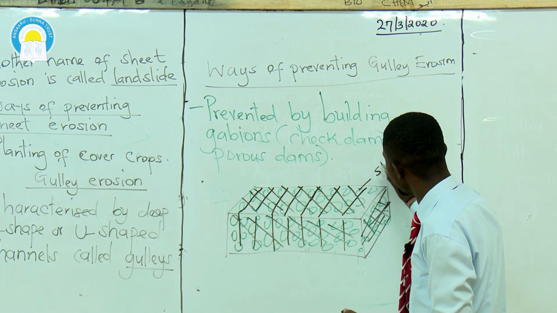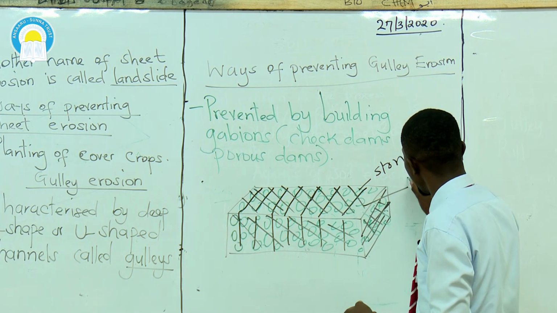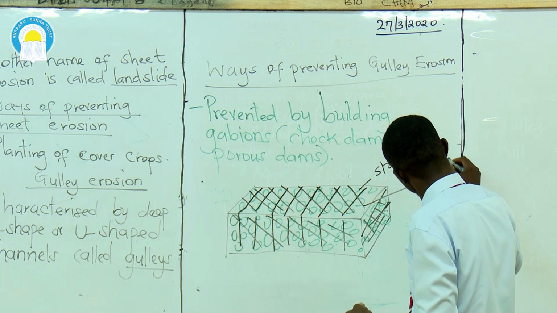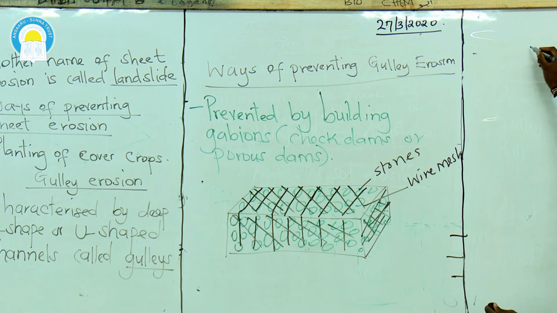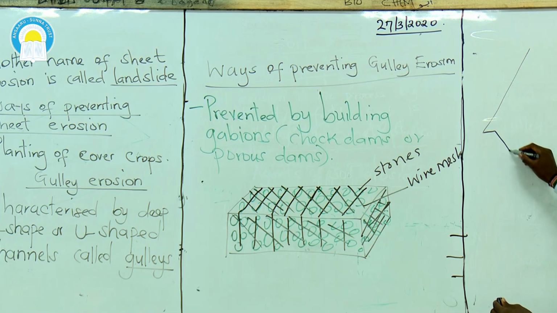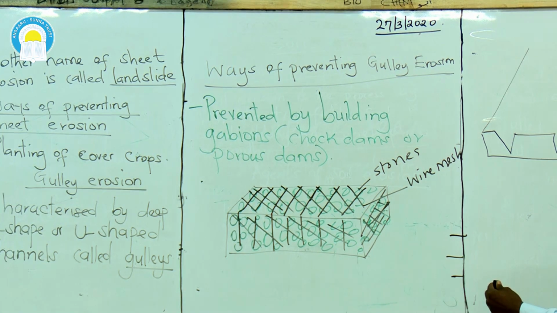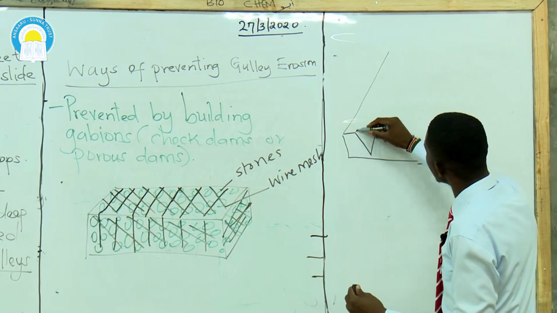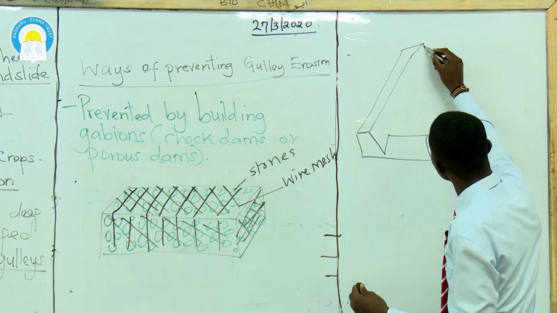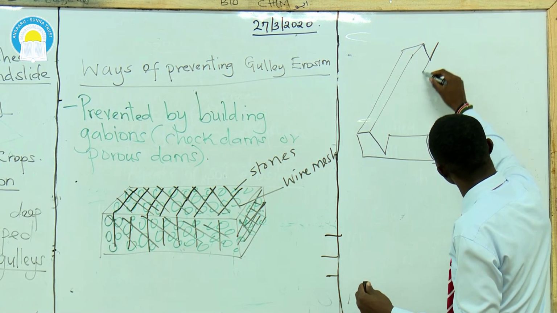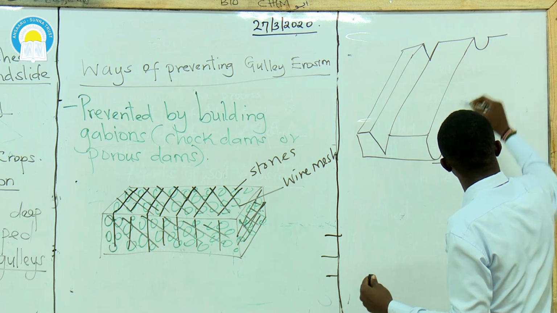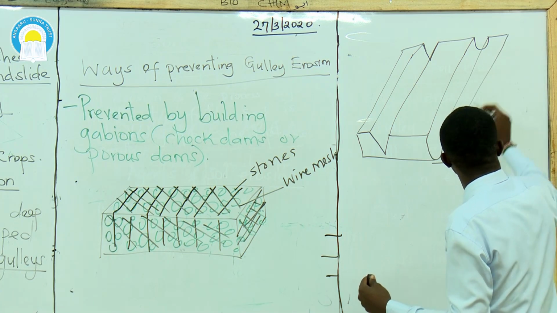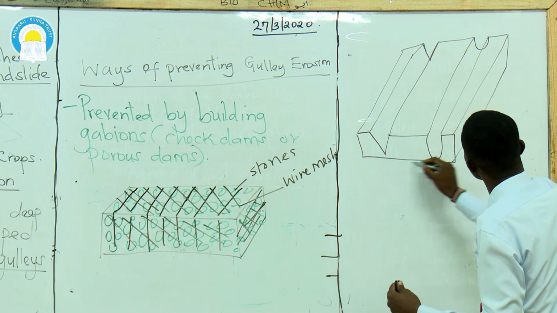These ones are just stones and we use a wire mesh. So when you are walking and you see this type of structure, a diagram, let me use a V-shaped gully, and this side let me use a U-shaped gully, assuming this is our land, and you see this, this indicates that there was gully erosion taking place here.